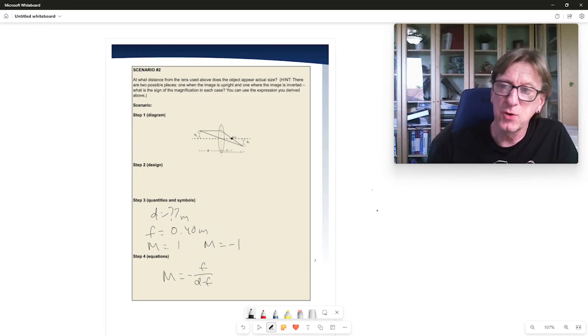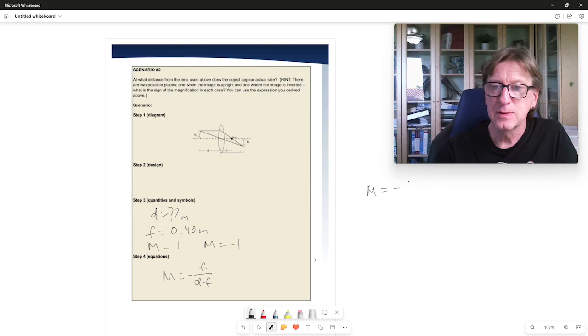All right. Now on your page, you've got room to do this on step 5, but I'm going to do it off to the side here as we often do. So let's do the first case where m equals 1. And so I'm solving for d. So let's go ahead and solve this equation. I get m times d minus f must equal minus f. And so md minus mf must equal minus f.